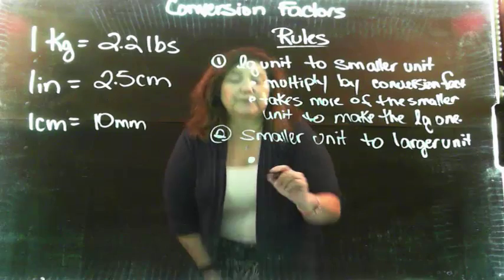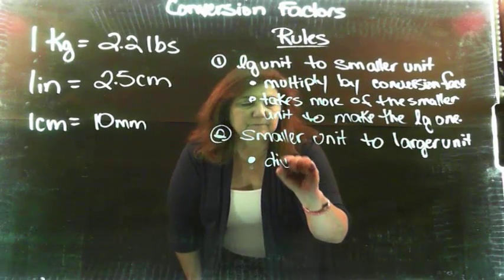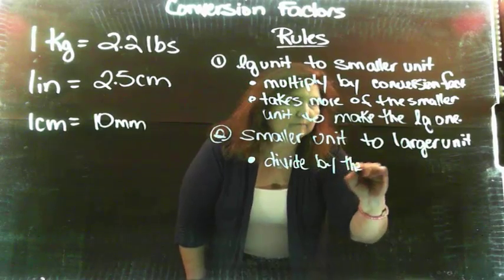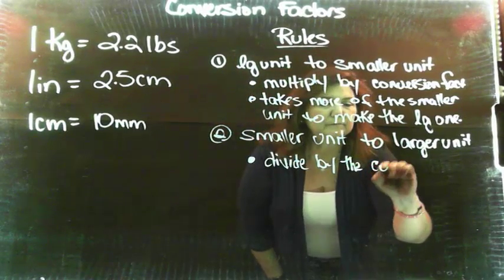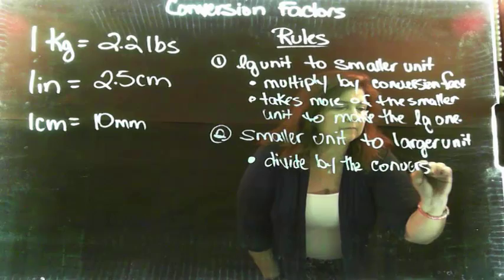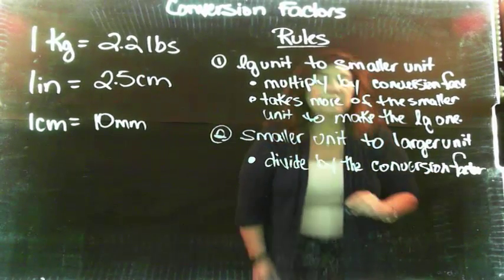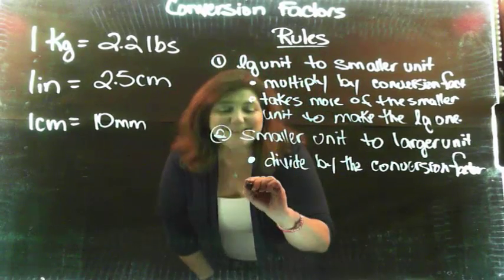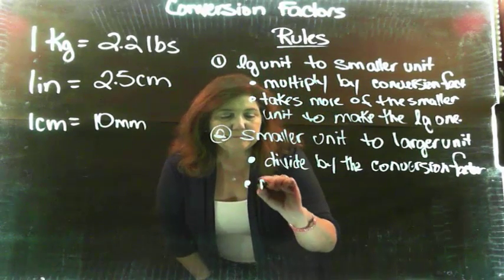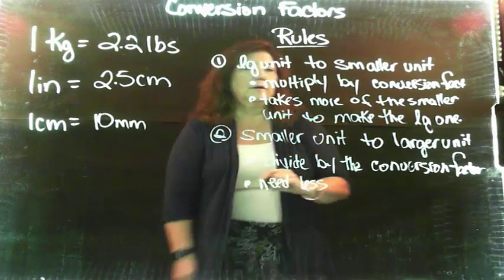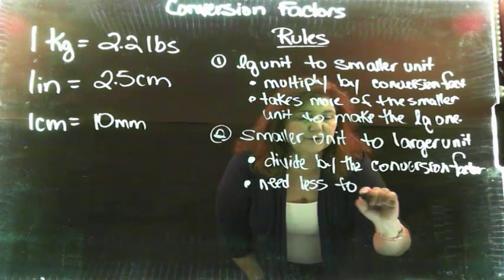So my math function is going to be divide. Okay, so I'm going to divide by the conversion factor. That's because I need less. I need less to make the larger unit.